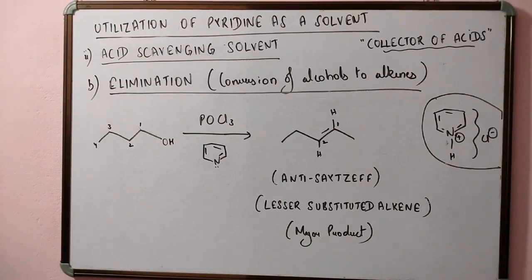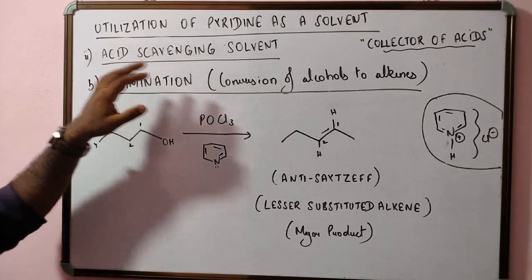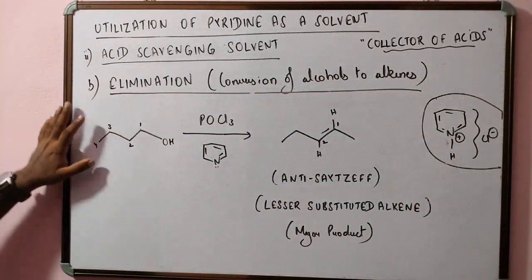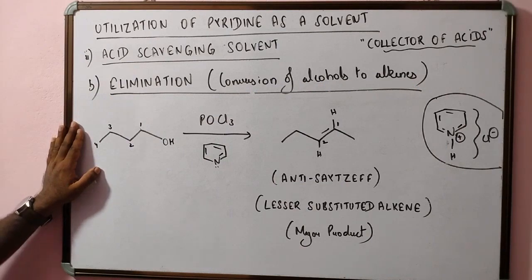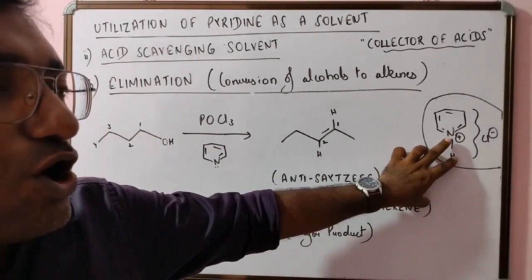Another example which proves that pyridine is an acid scavenger is the elimination reaction involved in the conversion of alcohol to alkenes. In this reaction too, pyridine collects acid and forms pyridinium hydrochloride.